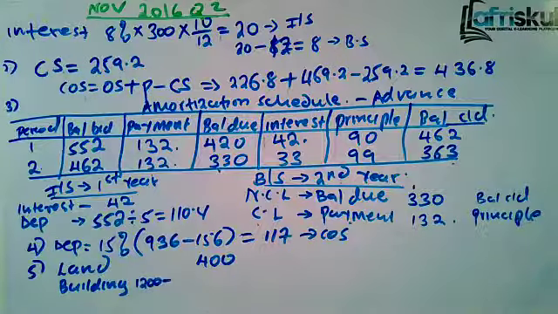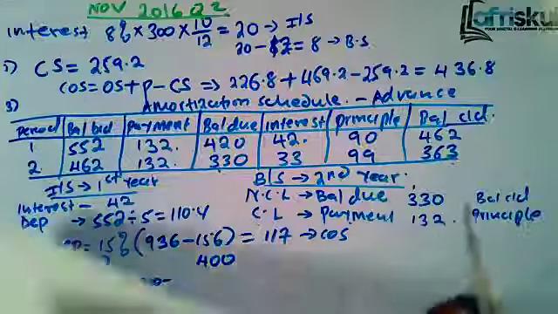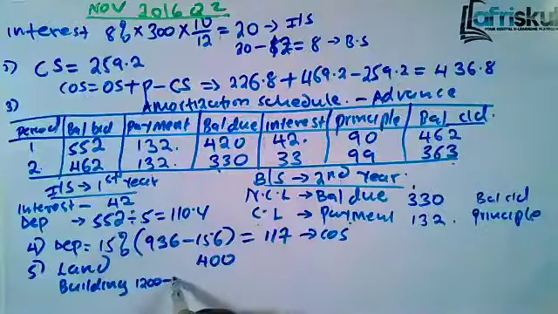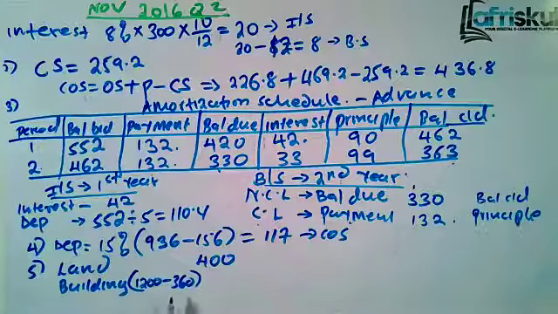But remember, building is a depreciable item. Down there, we have accumulated depreciation on building, which is 360. First of all, you deduct 360 from 1,200, and you see that it is 840. Land does not depreciate, it's 400; building is 840.